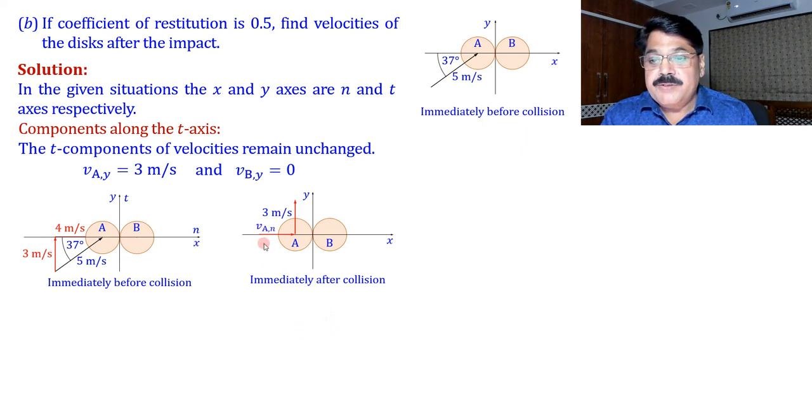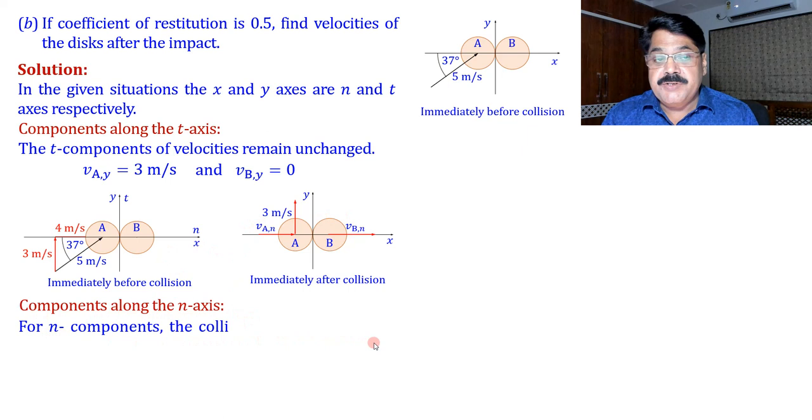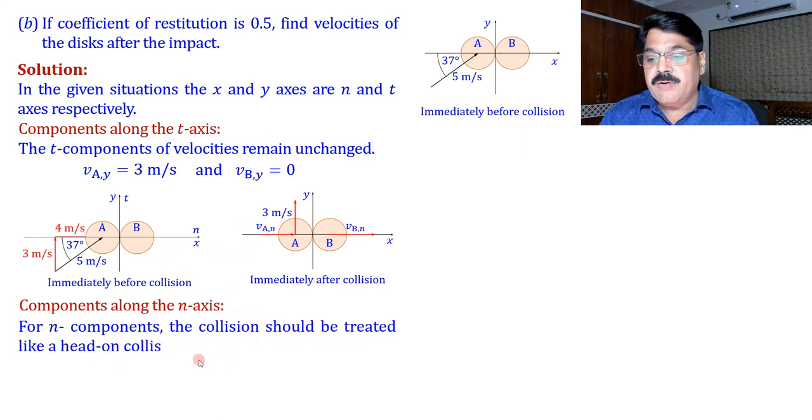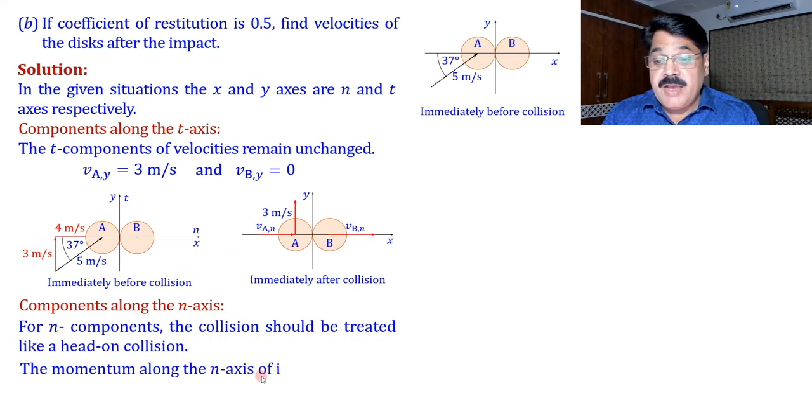How do we proceed? We assume Van and similarly Vbn arbitrarily and we will determine their values. For components along the n axis, we write first momentum conservation and then E. For n components, the collision should be treated like a head-on collision. The momentum along the n axis is conserved.